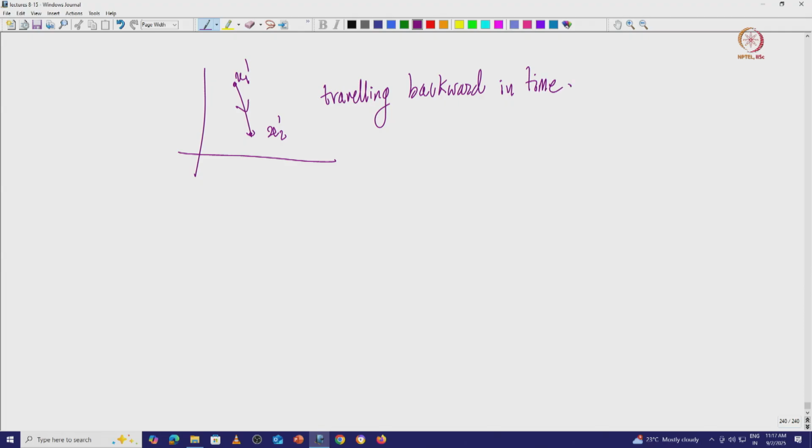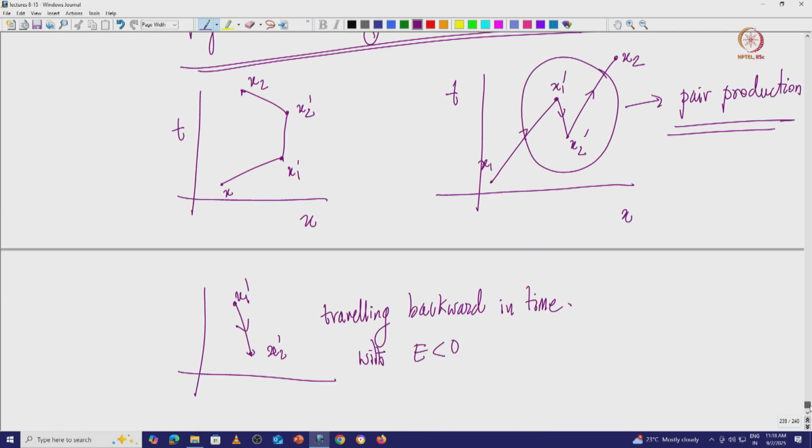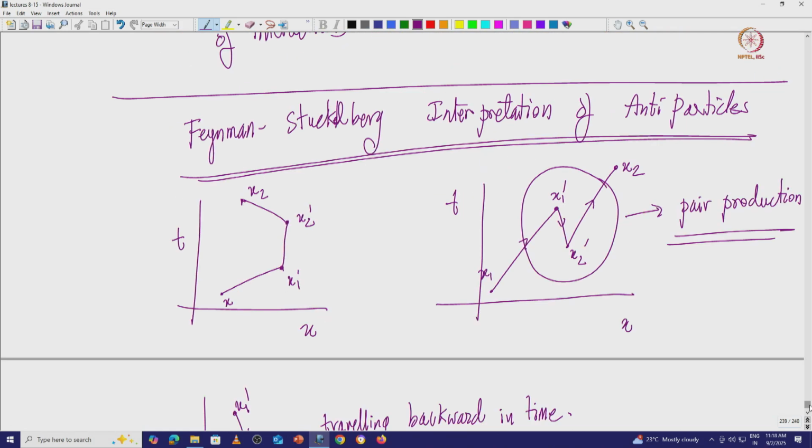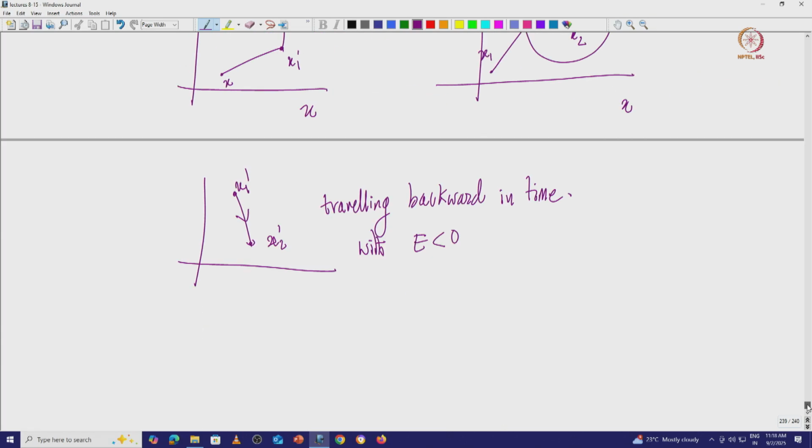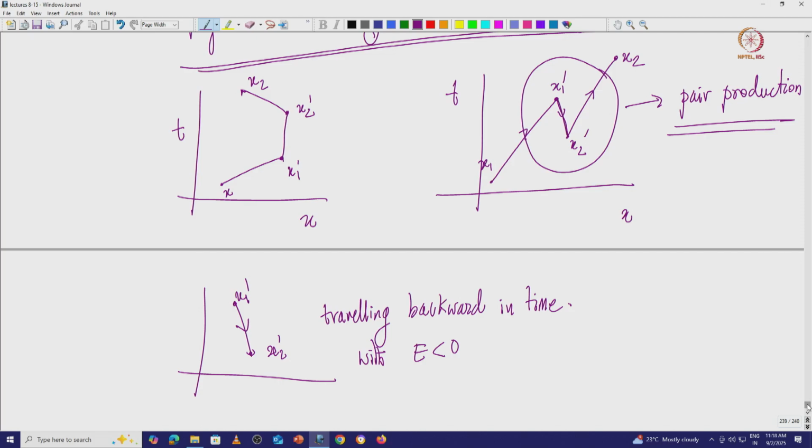So if you are traveling backward in time with negative energy, whenever a negative energy particle is produced in the same space time diagram, it will go backward in time essentially. Because it is negative energy, what Feynman and Stueckelberg interpreted is, suppose you invert it, it will appear like this on a space time diagram.